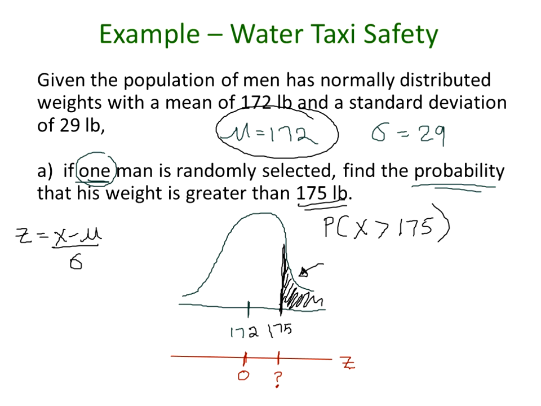That was our conversion formula to find z. In this case, x is our 175. The mean was given to us, and the standard deviation was as well. So that's how you're going to find your z-score. You have parentheses in the numerator to keep it together. So let me know what z-score you get.